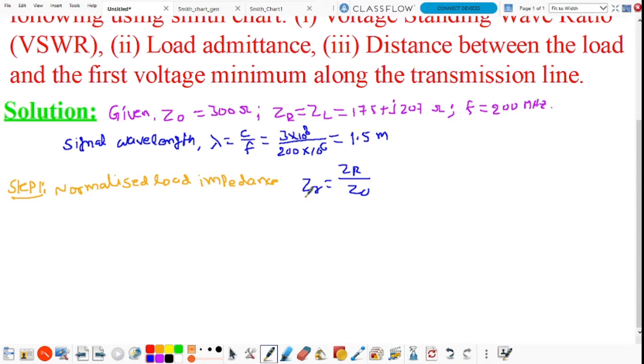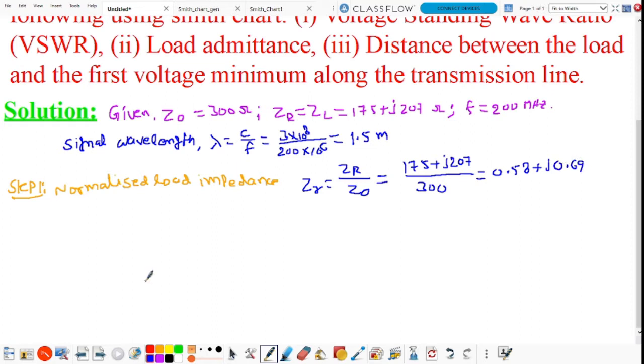Given that the load impedance is 175 plus j207 and the characteristic impedance Z0 is 300 ohms, this is equal to 175 divided by 300, which is 0.58, plus j 207 by 300, which is 0.69.